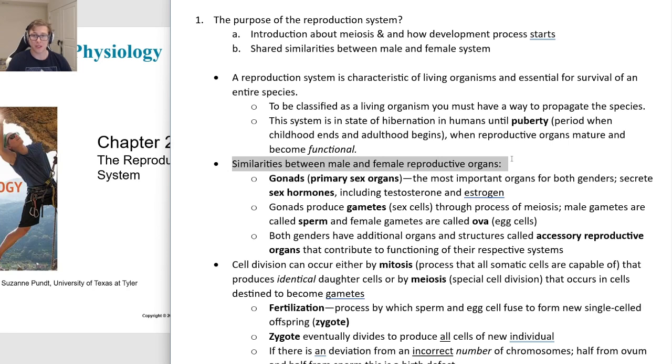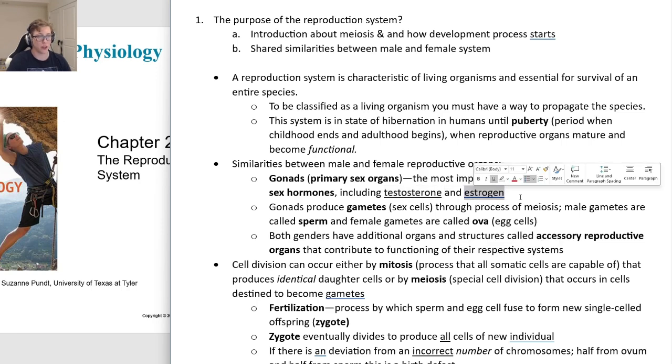Starting with the similarities, we have gonads. These are your primary sex organs, and they are the most important organs for both genders. They secrete sex hormones, testosterone and estrogen. Now, both testosterone and estrogen are found in men and women.